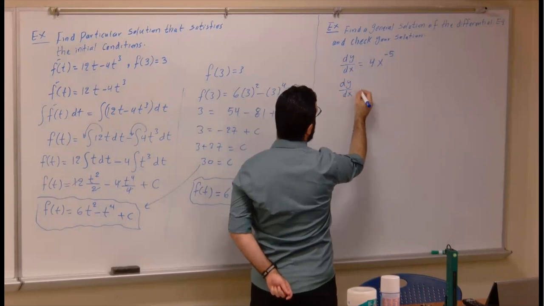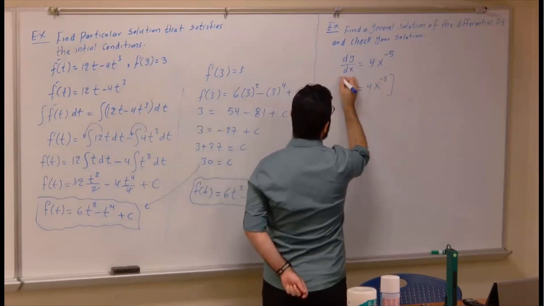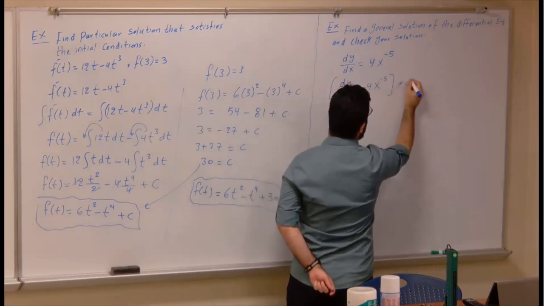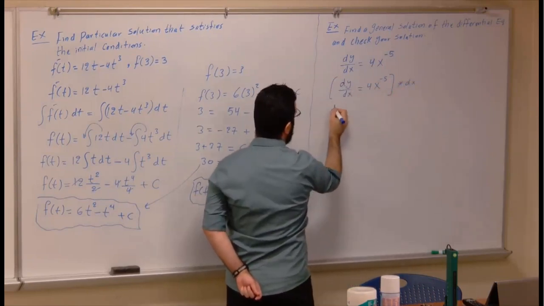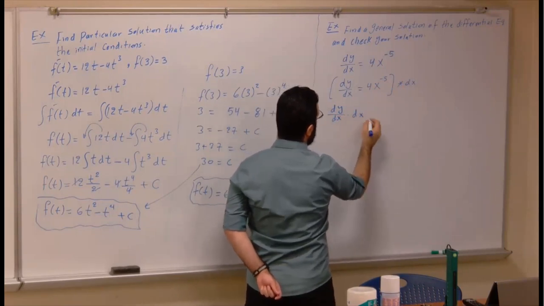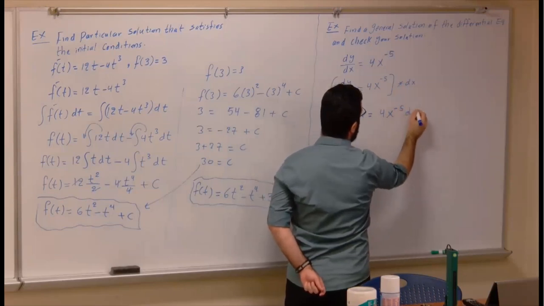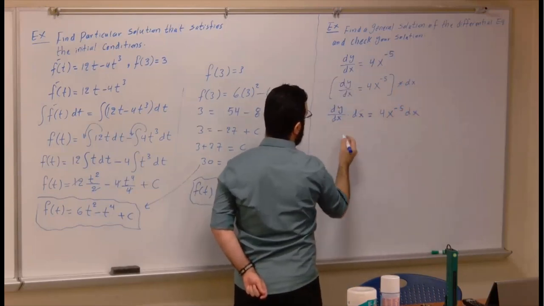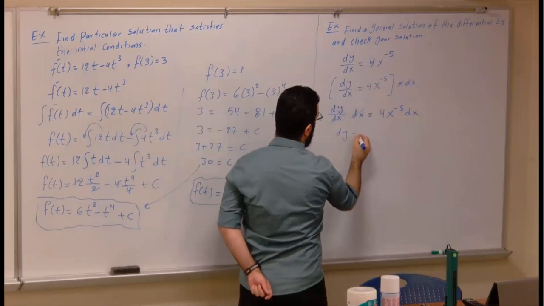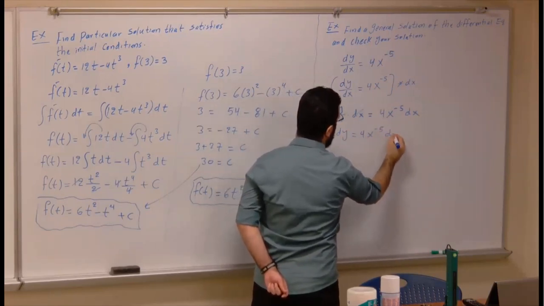So dy over dx equals 4x to the negative 5. You multiply by dx. That means dy over dx times dx equals 4x to the negative 5 dx. And so dy is going to be 4x to the negative 5 dx.